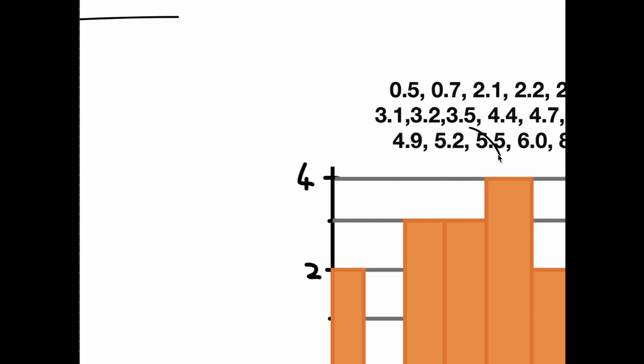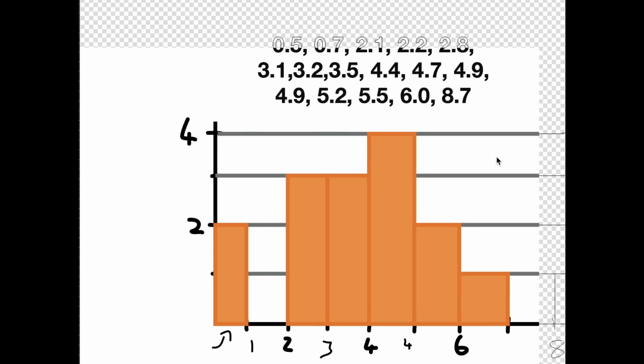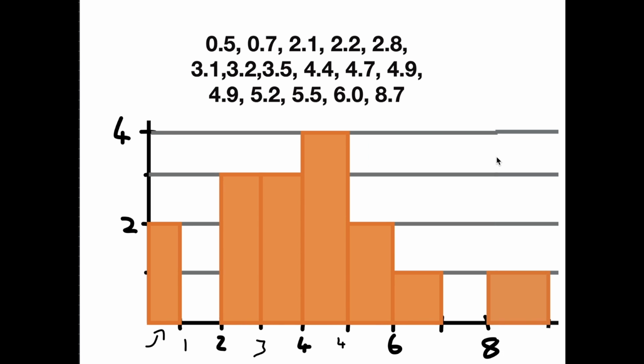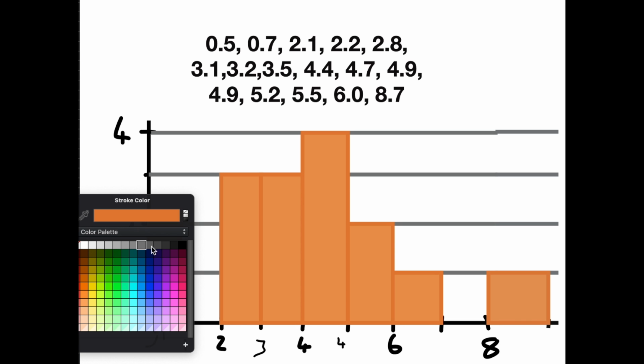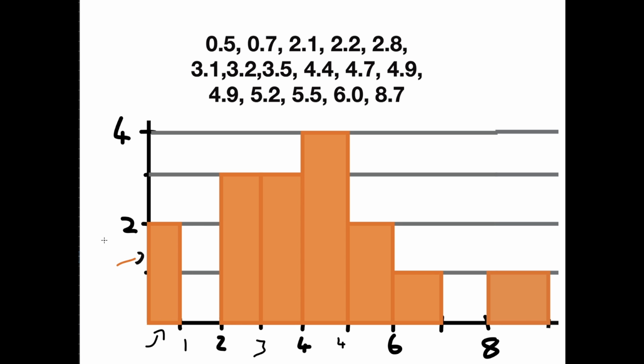Okay, and get rid of that because that's kind of annoying. Anything in this bucket right here is any number that falls anywhere between 0 and 1.